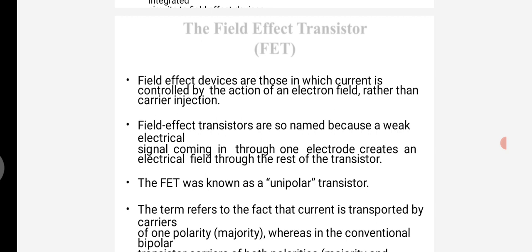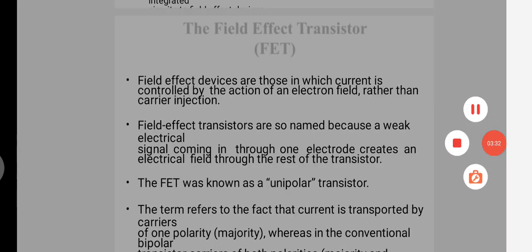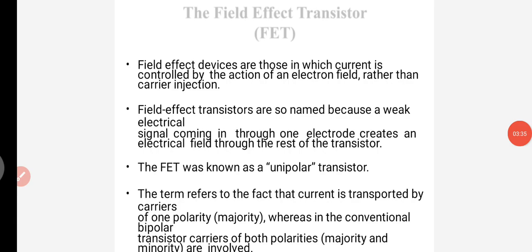But in the case of FET, the current is controlled by the action of an electric field rather than carrier injection.